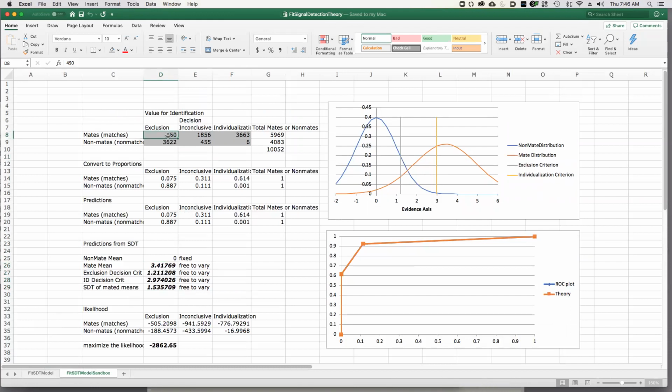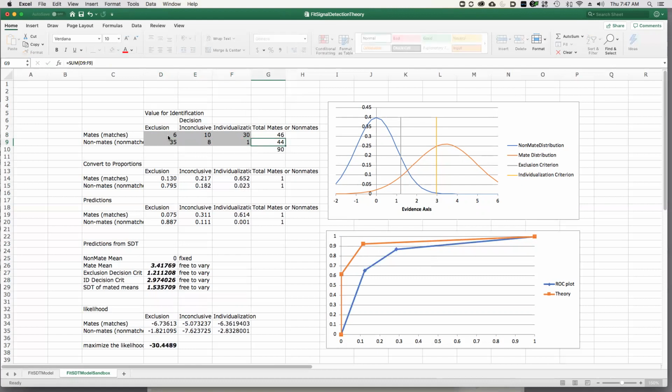And let's just say we give a test to some examiners and we have like 6 erroneous exclusions and 10 inconclusives and 30 individualizations. And in another one we get, I don't know, 35 exclusions, 8 inconclusives, and let's just say 1 erroneous identification here.